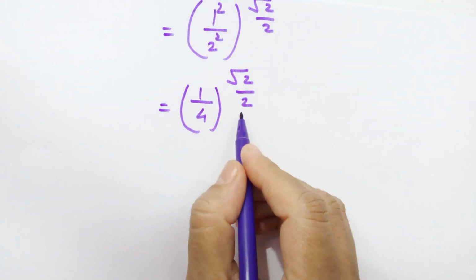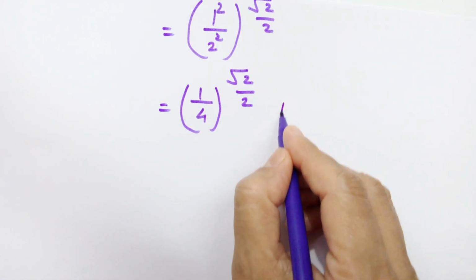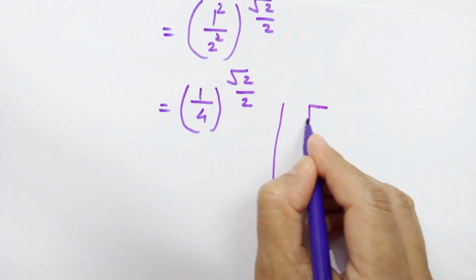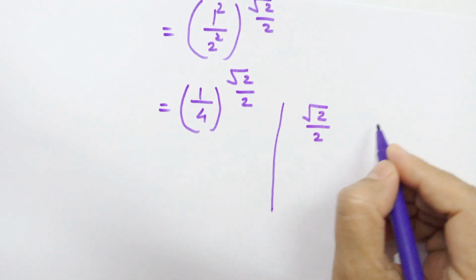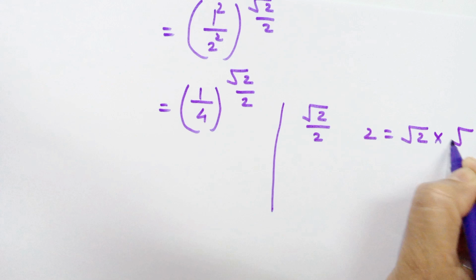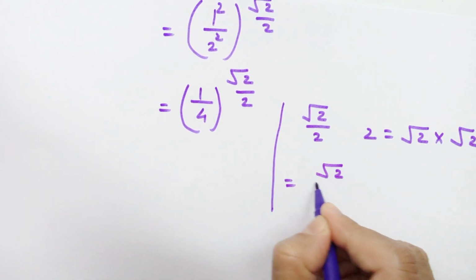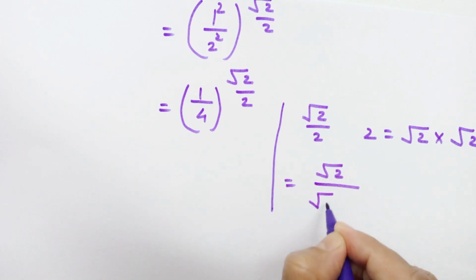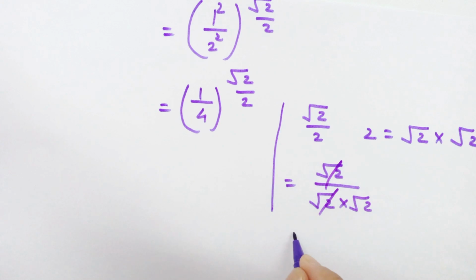Now let's focus only on under root 2 upon 2. Here we have under root 2 upon 2. Now 2 is equal to, we can write like this, under root 2 into under root 2. So under root 2 upon under root 2 into under root 2. This under root 2 will be cancelled. Now we have 1 upon under root 2.